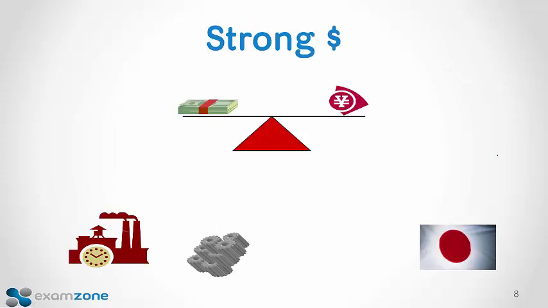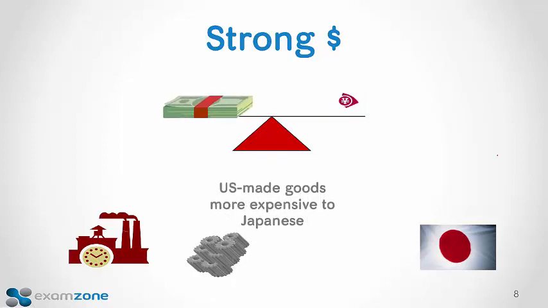Turns out a strong dollar is no good if you're trying to export from the U.S. If we have a strong dollar, that means in this example, the Japanese can't buy our suddenly expensive goods. So that would hurt our exports, a strong dollar. So it sounds good, oh, the dollar's strong, but it's going to hurt exports.